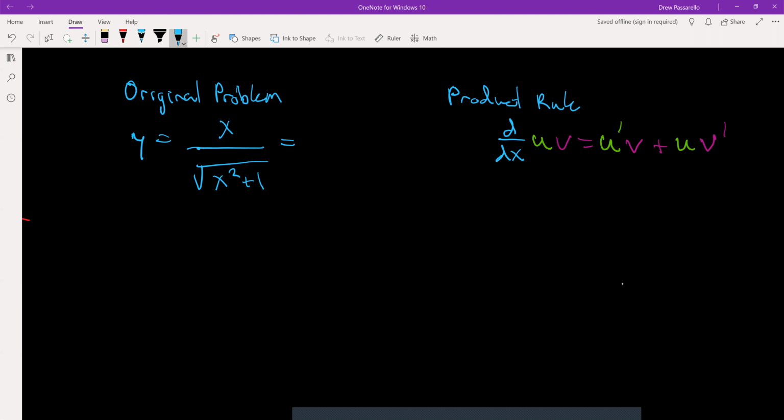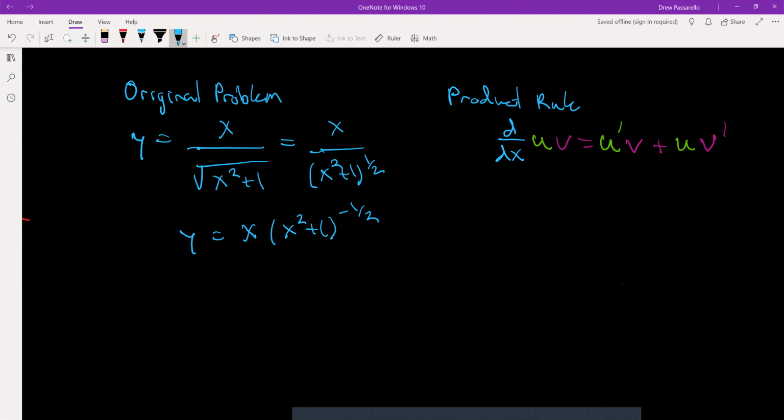So this is really x, and then x squared plus 1 to the 1/2. And then to make it a product, I can bring this to the numerator and change it to negative 1/2 power. So it'll be x times x squared plus 1 raised to the negative 1/2. And now I'm going to have a product.